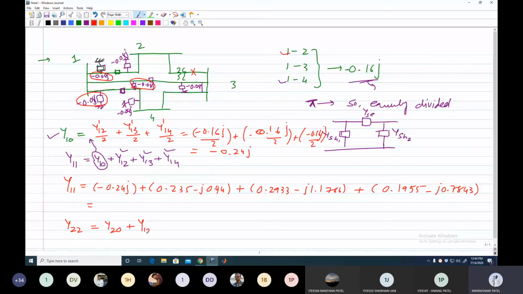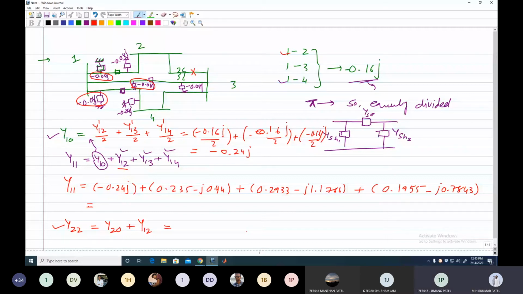Yes, again we have to calculate the value of y20. We already have the value of y12. Then we have to substitute this for y22. Yes, what is the final answer for y11? Take your time, just give me the final answer.